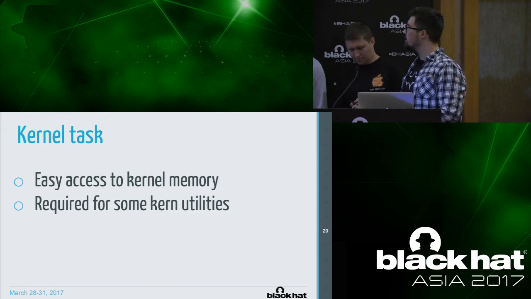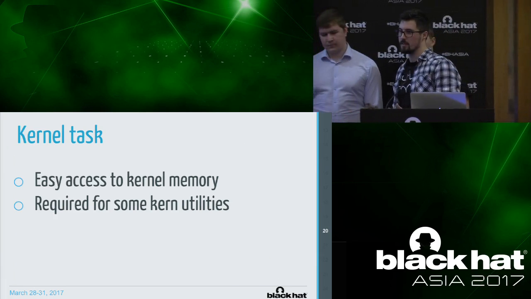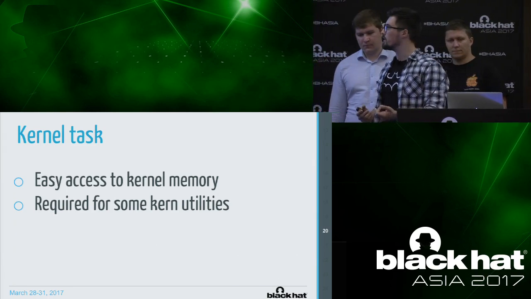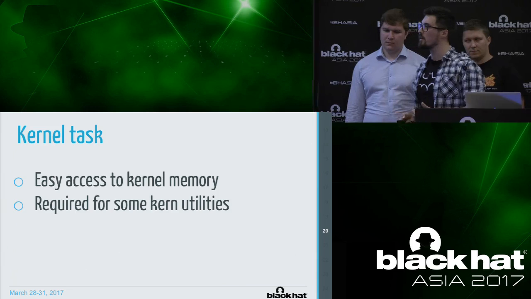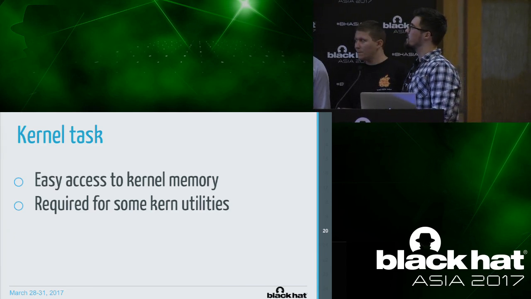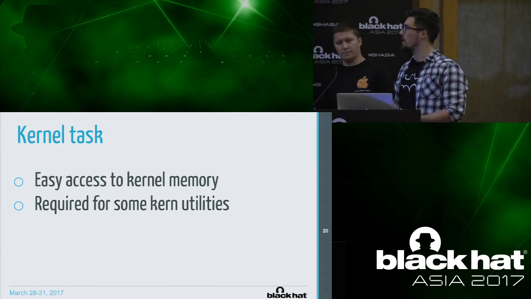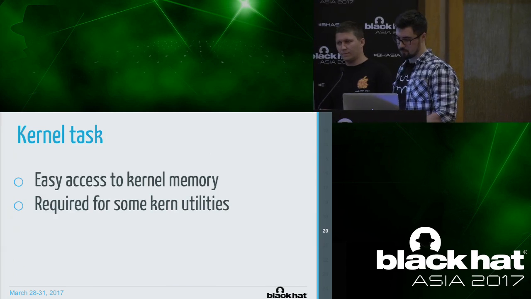In the case of the kernel, if we get the kernel task port, we can control the kernel memory. So it's a read/write primitive. We can allocate memory in the kernel, and so on. There are a lot of utilities that require the kernel task port to be exported. Most of these utilities are for working with the kernel.